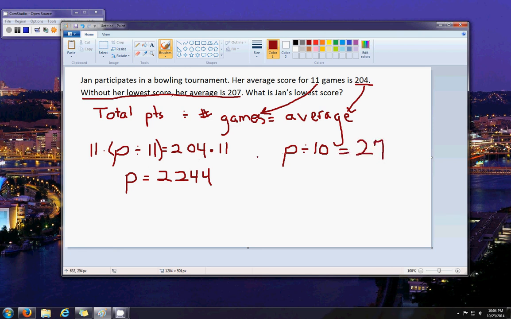So once again, how are we going to get our variable or total points by itself? We have to multiply both sides of the equation by 10. So multiply the left by 10, multiply the right by 10, and this time her point total is 2,700.